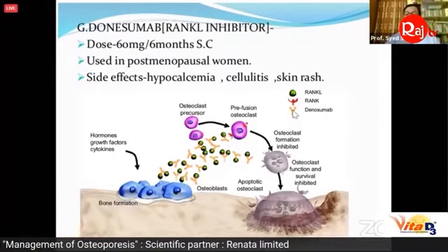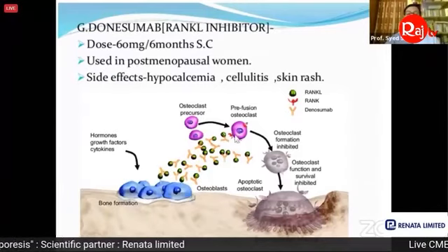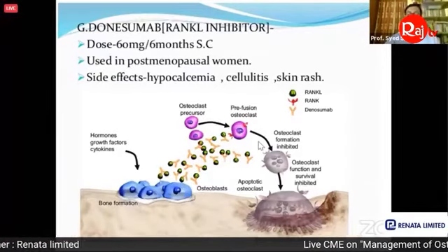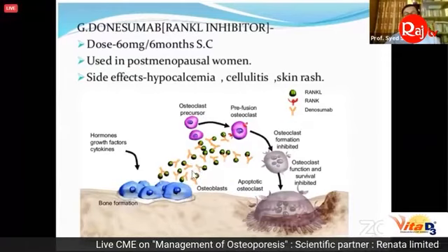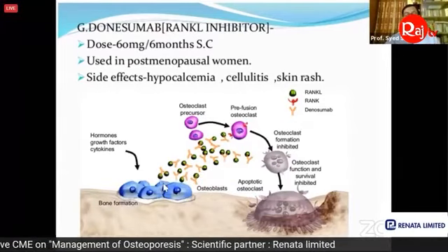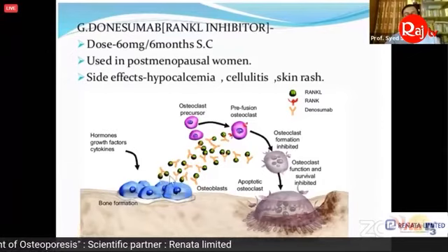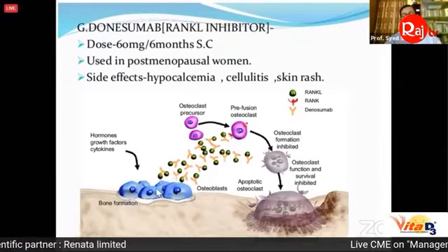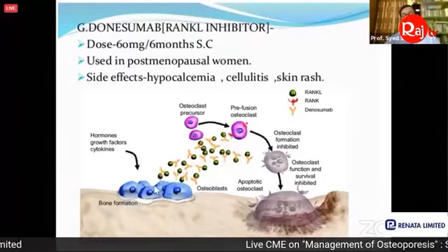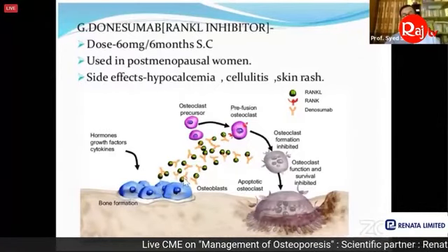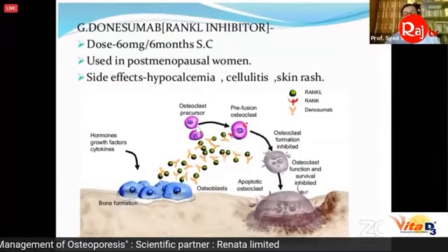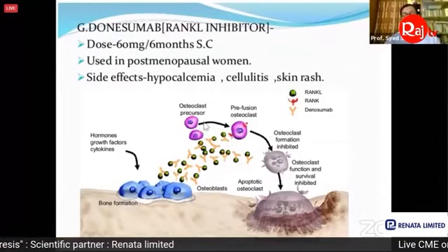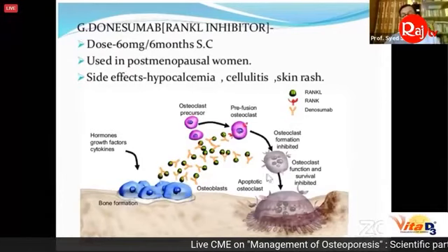Denosumab occupies this RANK ligand. This RANK ligand is produced by osteoblasts, and since denosumab occupies it, it cannot bind with the osteoclast precursor, and they cannot fuse with each other and cannot form. Ultimately, they are not able to destroy the bone.